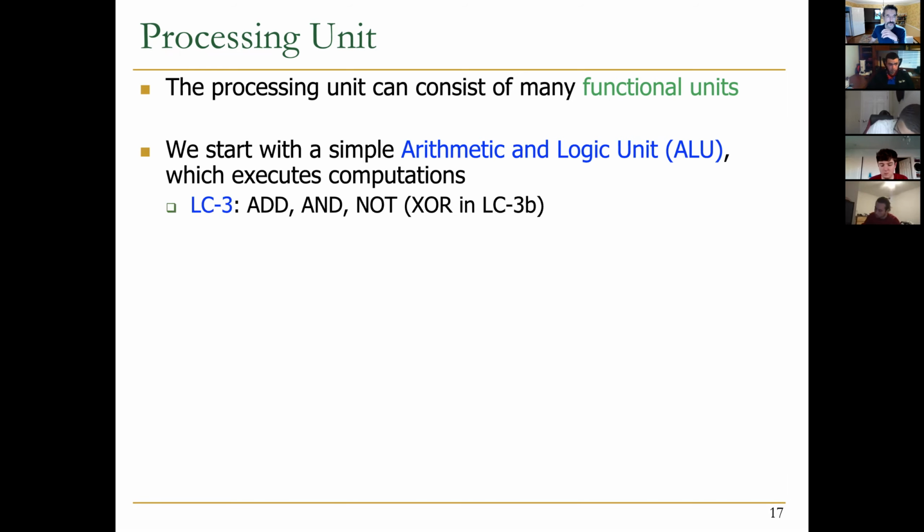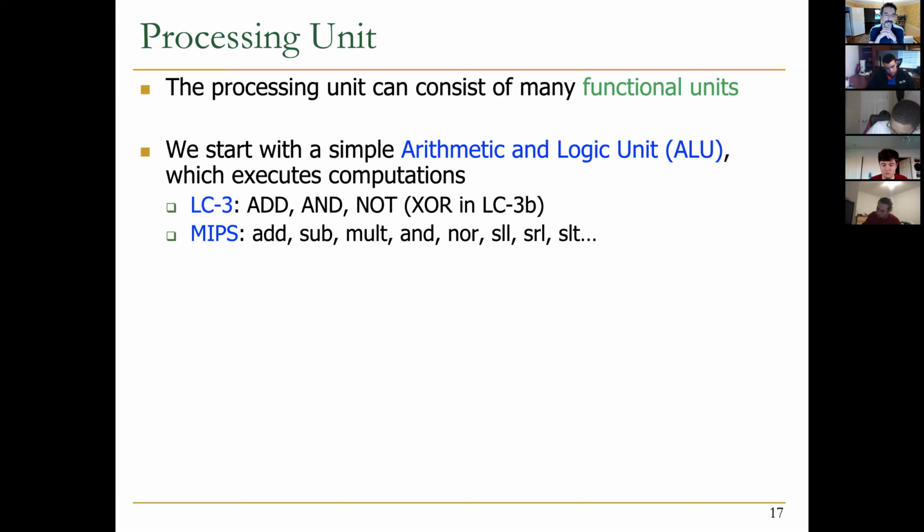computations that you need. And for each particular computer, for each particular ISA, you have these building blocks, right? These instructions essentially. For LC-3, you have add, and, not, and in the LC-3B, you have XOR as well, and in MIPS, you have much more.